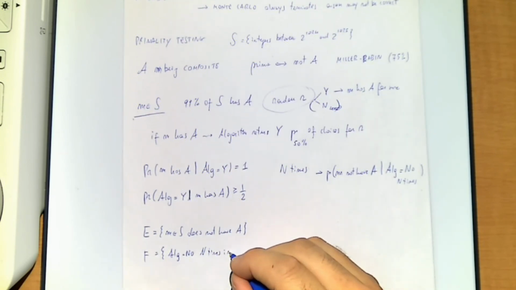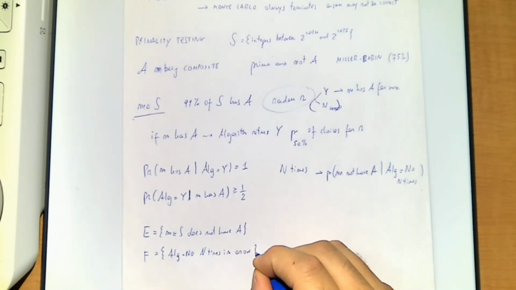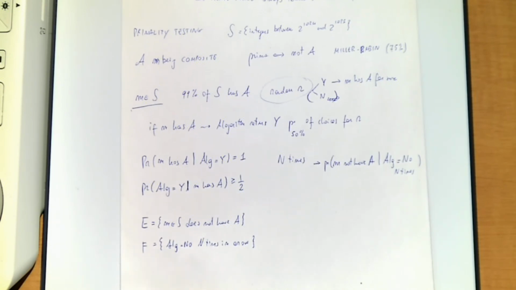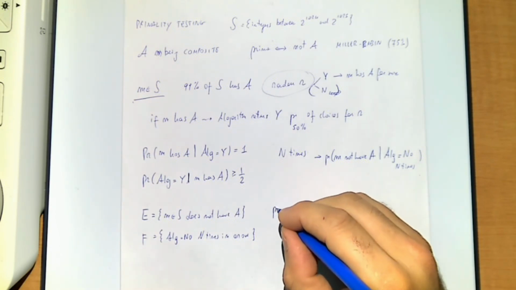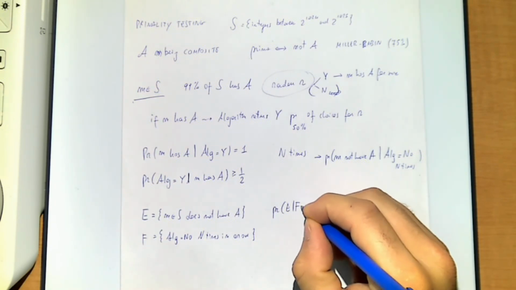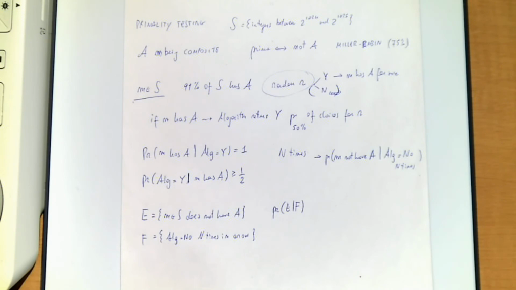for n times, in a row. So we use these two events, and then you can see that clearly the probability we're looking for is E given F, because we're looking for the probability of finding a prime, given that I find n different results of negative, negative, negative.